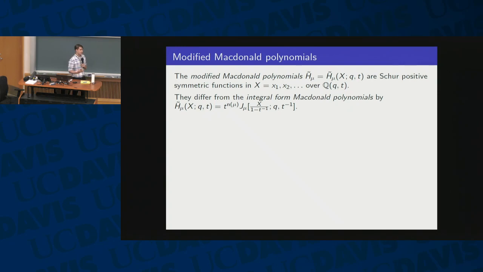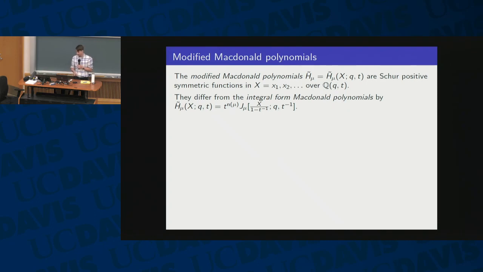Okay, and so really what I want to do is give us a formula for these modified Macdonald polynomials. As Jonah mentioned in his talk, these modified Macdonald polynomials are a Schur positive variant of Macdonald polynomials. They have coefficients in the ring with q and t as parameters, and they differ from your traditional Macdonald polynomials by something called a plethystic transformation.